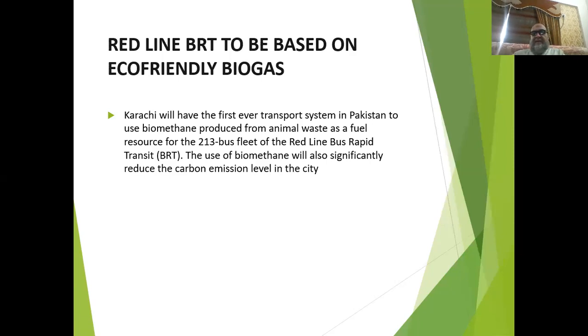It is again in the limelight, and people say that if the COVID situation improves, we may have some groundwork start on the Red Line bus rapid transit.